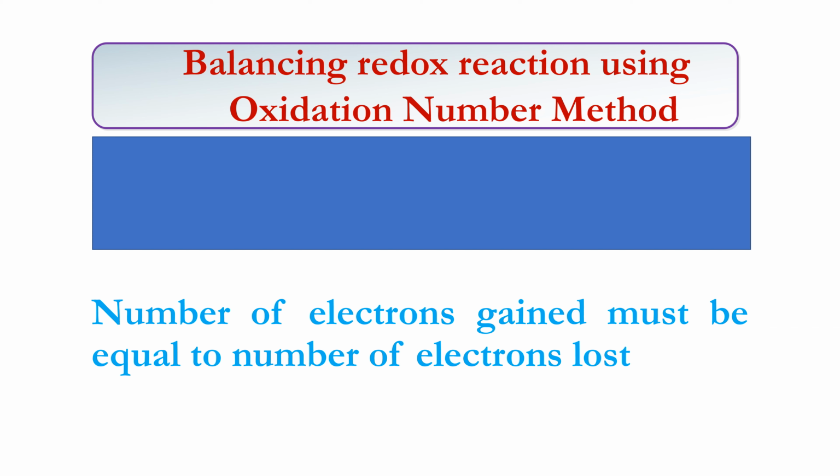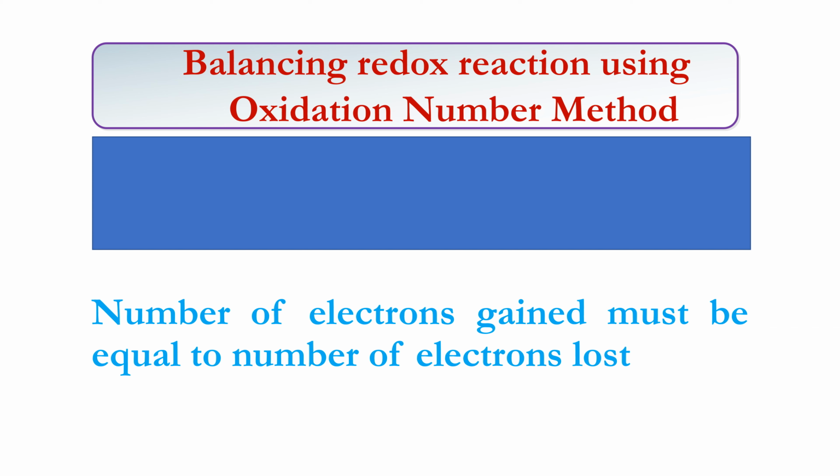Okay, the most important point to remember when using the oxidation number method to balance redox reactions is that the overall charge for the total of all oxidation numbers must be 0. This means that an increase in oxidation number for the oxidized atoms must be equal to the decrease in oxidation number for the reduced atoms.